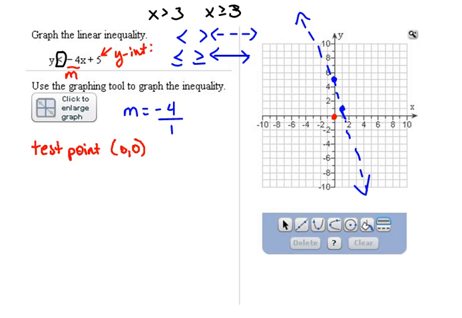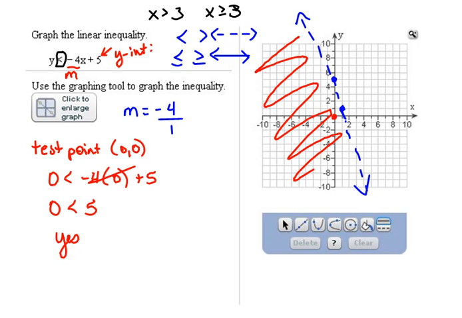And what I'm going to do is I'm going to plug that into the equation and see if it works. So 0 less than negative 4 times 0 plus 5. So we have now 0 is less than 5. Is that a true statement? Well, yes, it is. So 0, 0 is part of the solution, which means everything on this side will also be part of the solution.